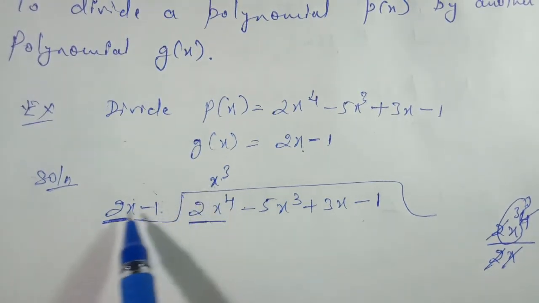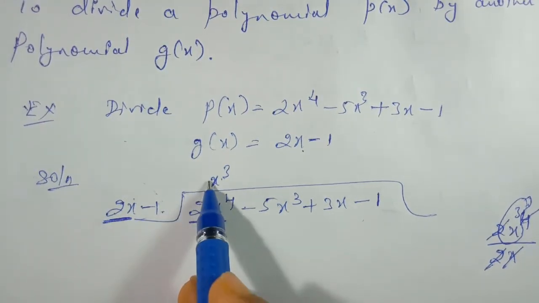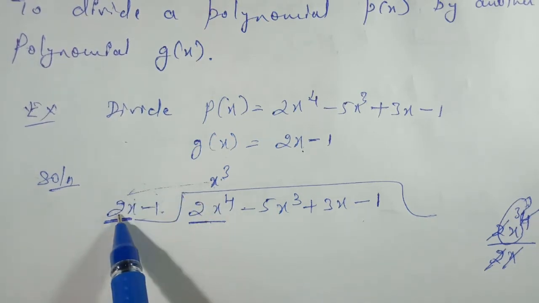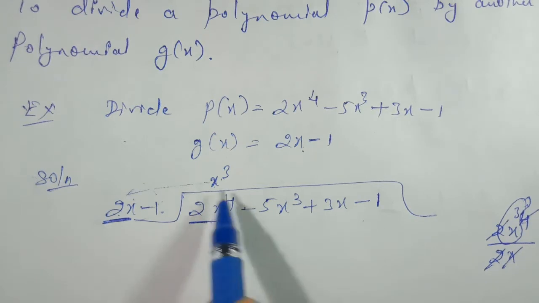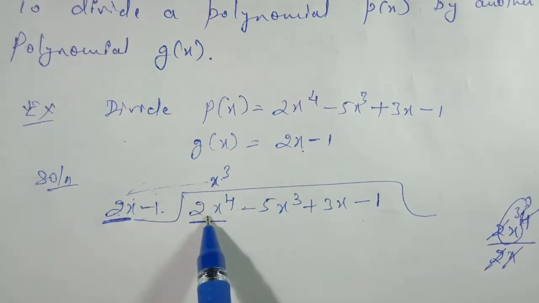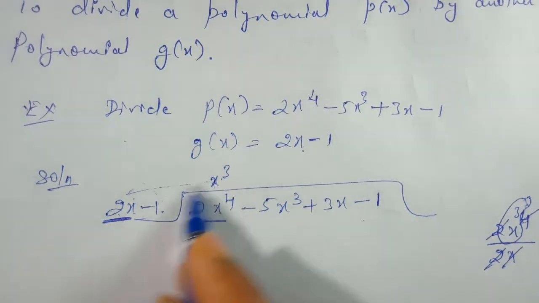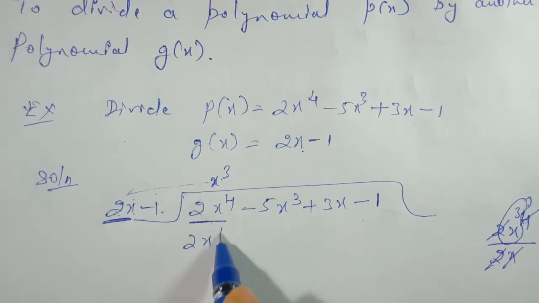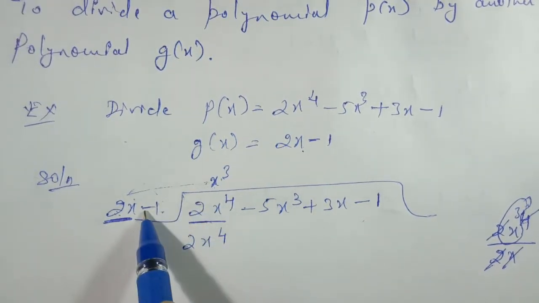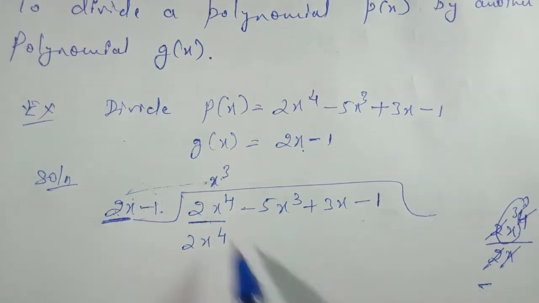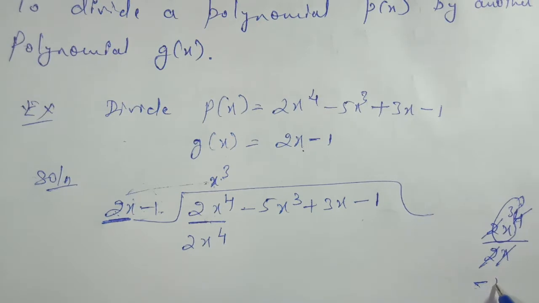Now this is to be multiplied by both terms of the divisor. When we multiply x cube by 2x, we get the first term as it is, 2x raised to the power 4. Now multiply it by the second term. First multiply the sign: plus minus will give minus, and x cube into 1 will give minus x cube.